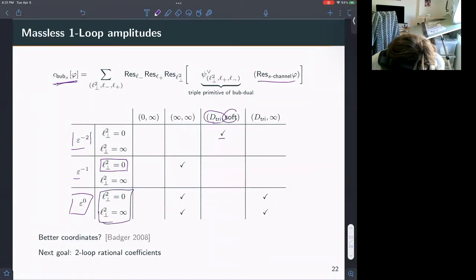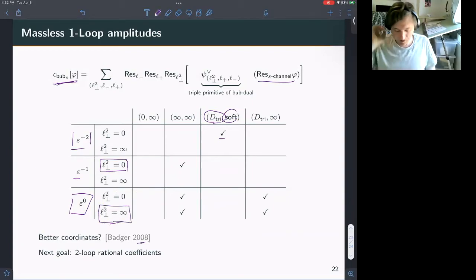And this we find a little annoying because in 2008, Badger put out a paper where he was able to get these rational coefficients for one loop integrals, where he only needed to localize on this L perp to infinity thing.